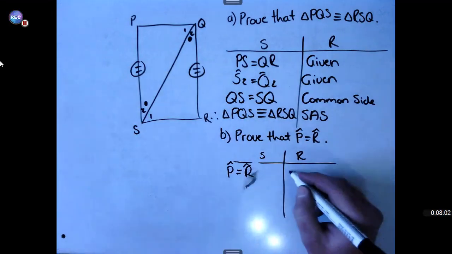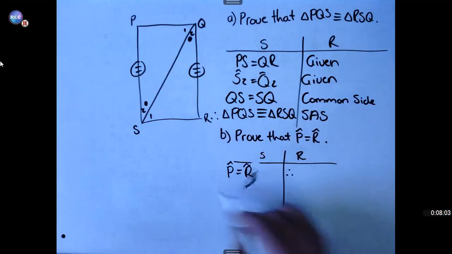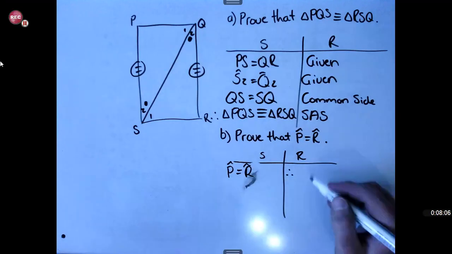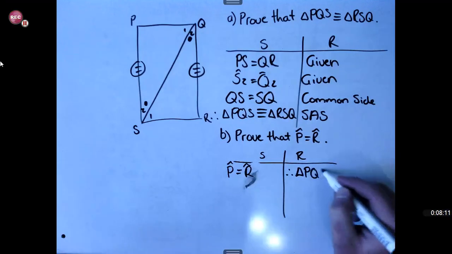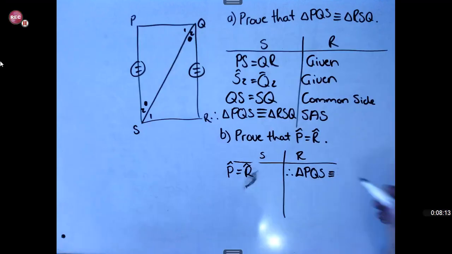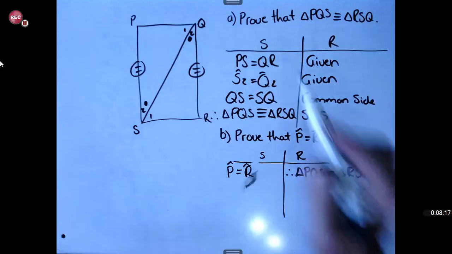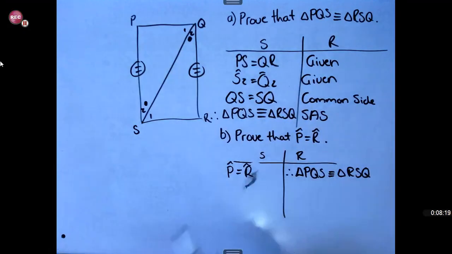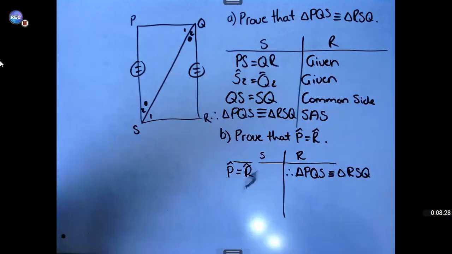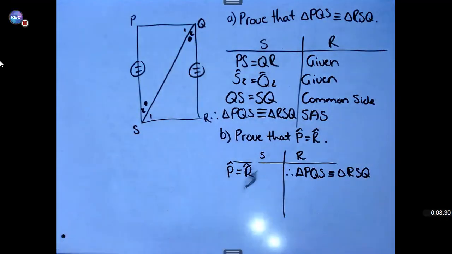So therefore my reason would then be these two angles are exactly the same size due to the fact that triangle PQS was congruent or is congruent to triangle RSQ. And because the two triangles are congruent, therefore then the two angles will be exactly equal to one another or the same in this regard. Okay, let's move on to another question quickly.